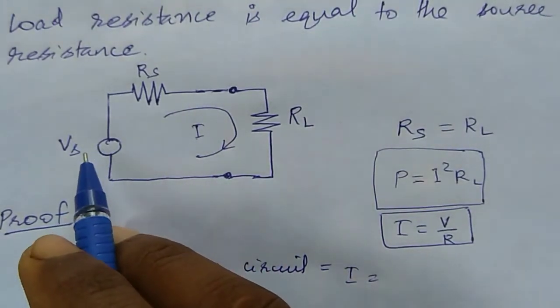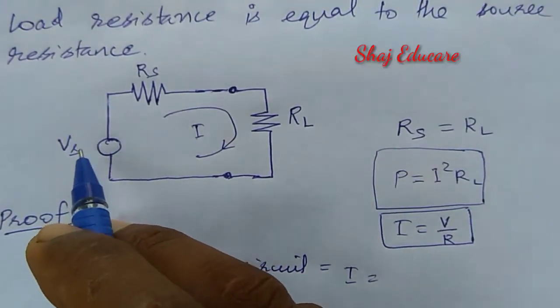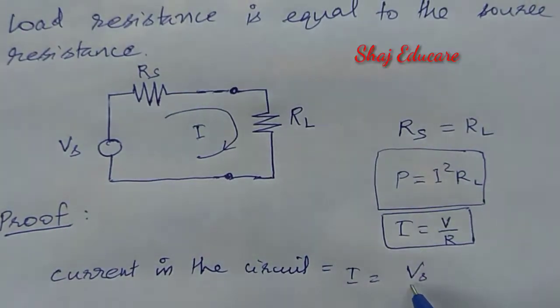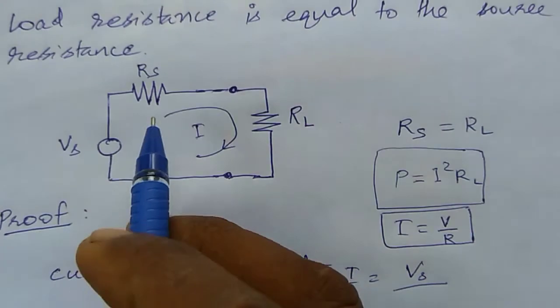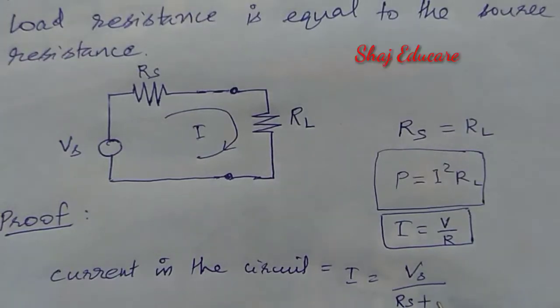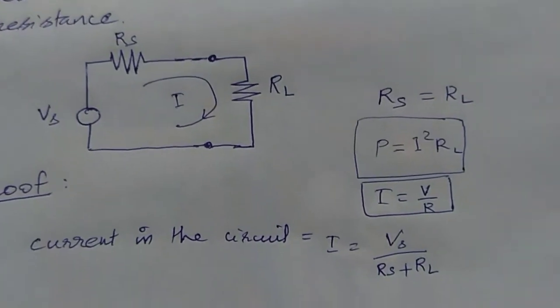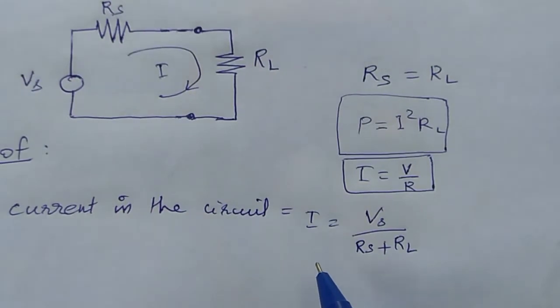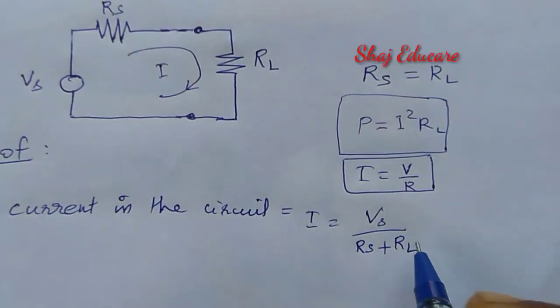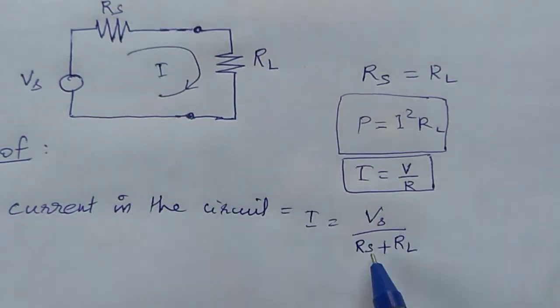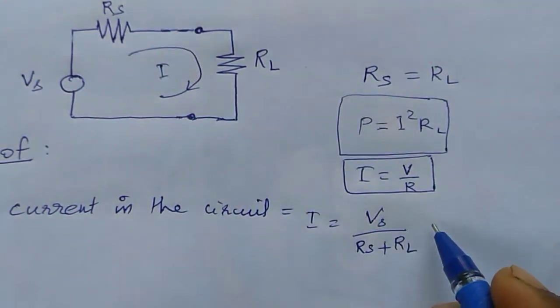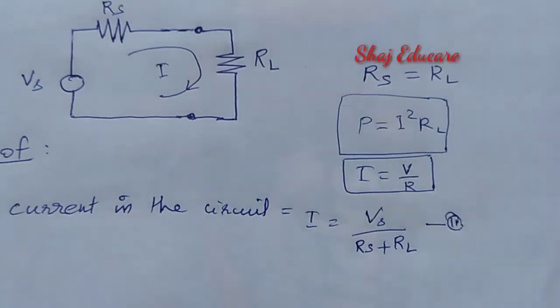What is the potential difference in our circuit? That is Vs, divided by resistance. What is the resistance? Rs plus RL. So we got the expression for current as I is equal to Vs by Rs plus RL. Let us mark it as equation number 1.